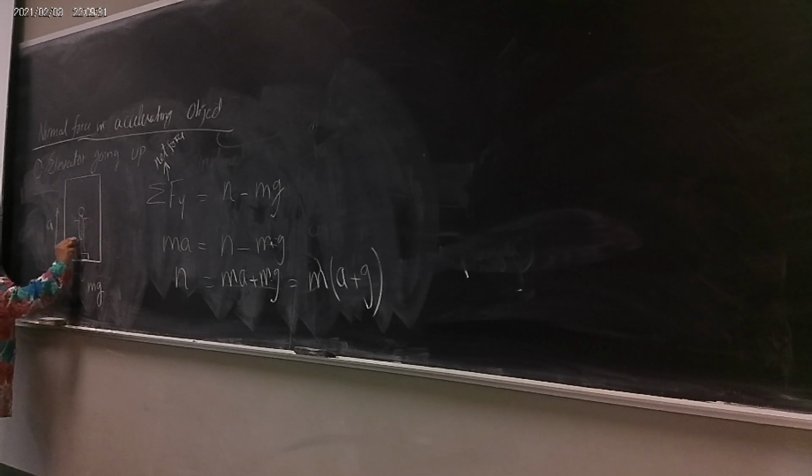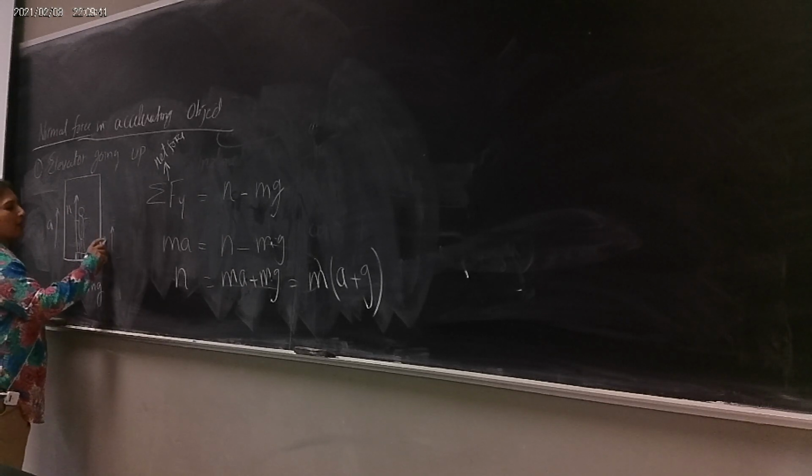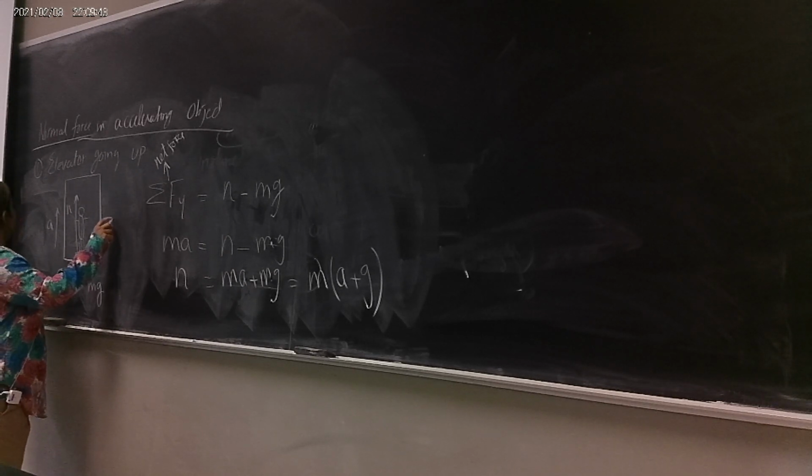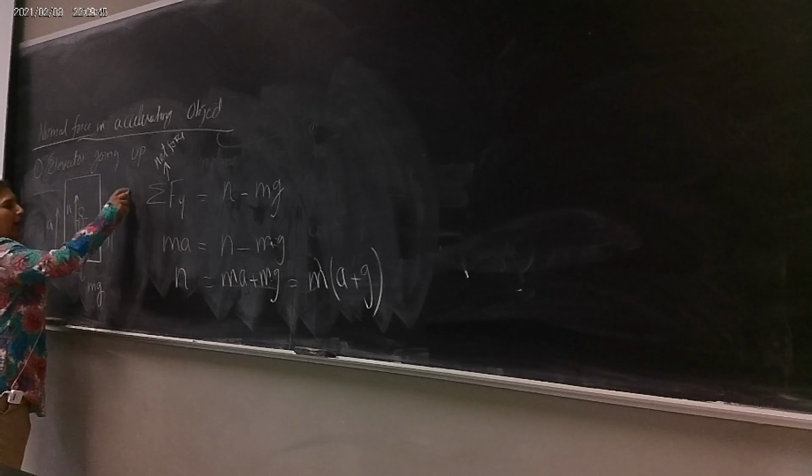The normal force would be greater. So I should draw an arrow which is longer than my mg, because my mg and my ma add up to make that normal force.